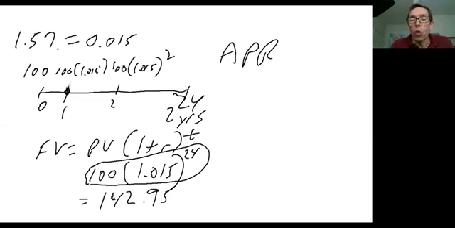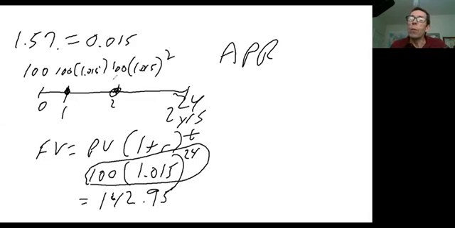There's no additional interest until the end of the second month. Then there's another 1.5% added on there, 1.5% of what you had at the end of the first month. And then at the end of the third month, you get 1.5%. So monthly compounding means at the end of each month is when the interest is tacked on there. And it compounds.